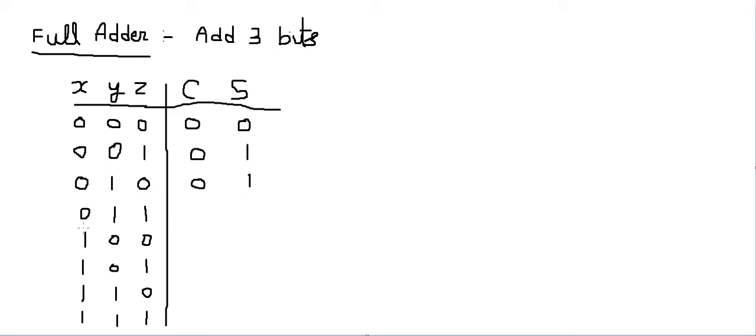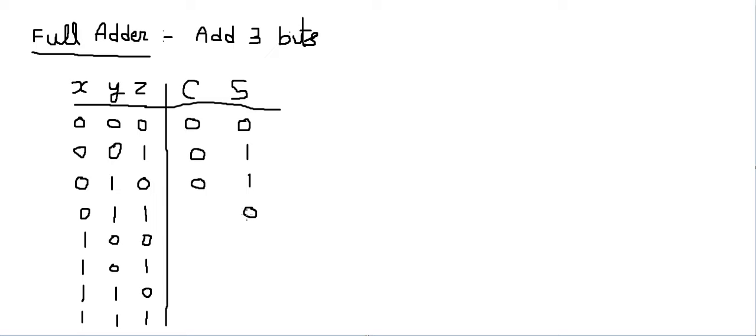Again here, when we have 0 1 1, 0 1 will be 1 and 1 1 will be 1 0. If you don't know how 1 1 is 1 0, it's very simple: if you convert it into decimal, it will be 2, and 2 represented in binary is 1 0.